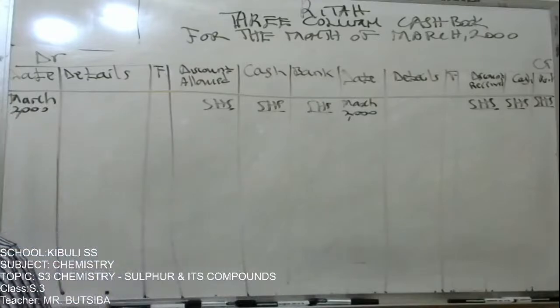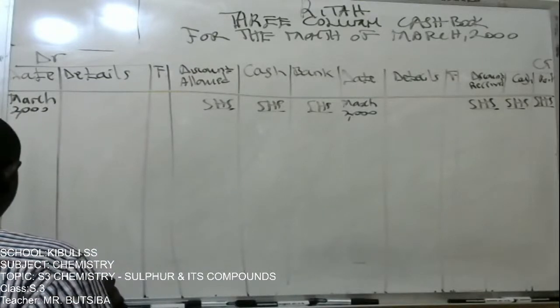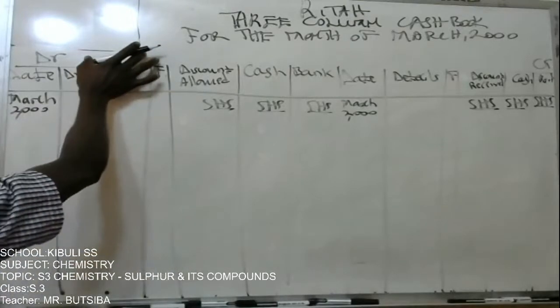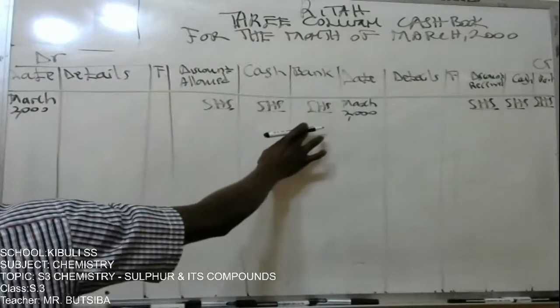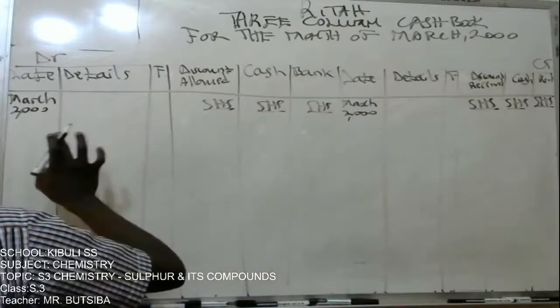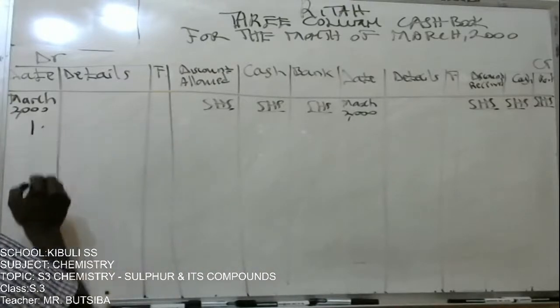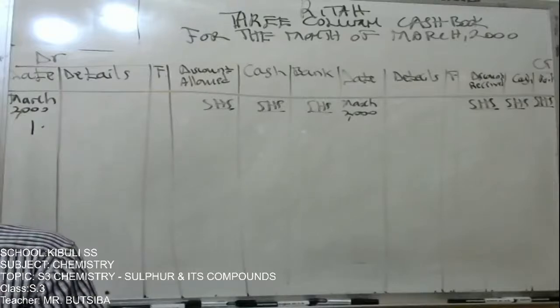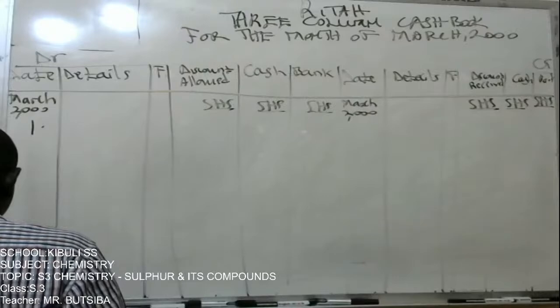Okay, so the transaction on first day started business with cash at bank. That means our bank column is gaining. It's gaining, so we're going to record on the debit side. And because we are starting business, this is not the brought forward.